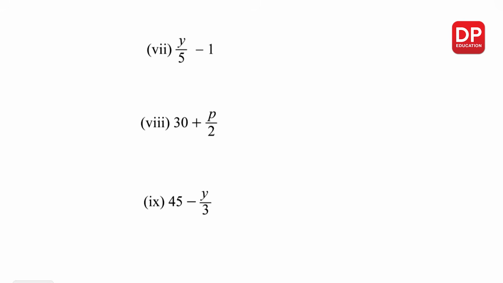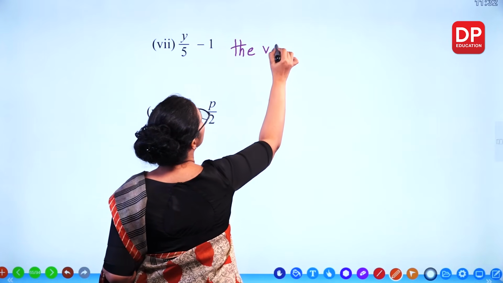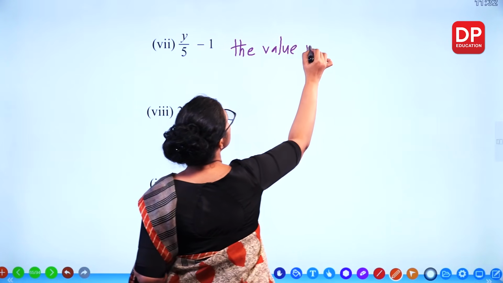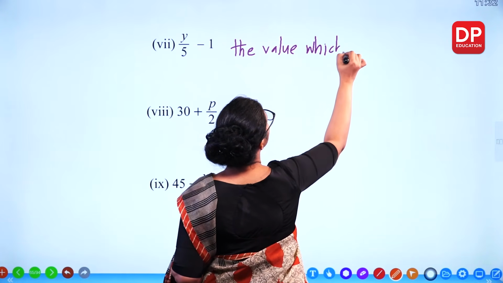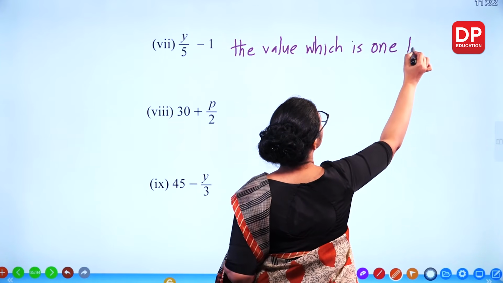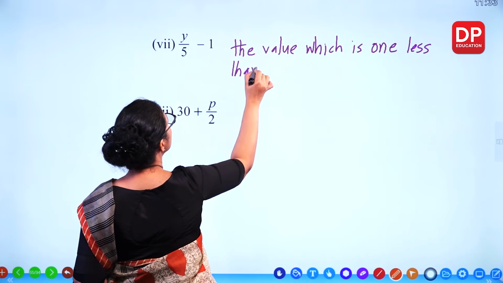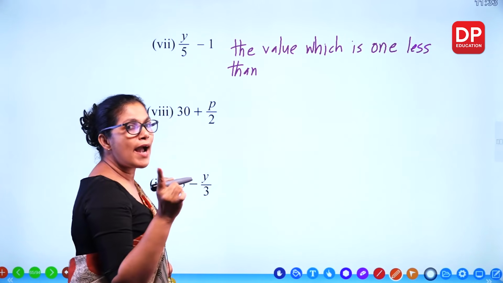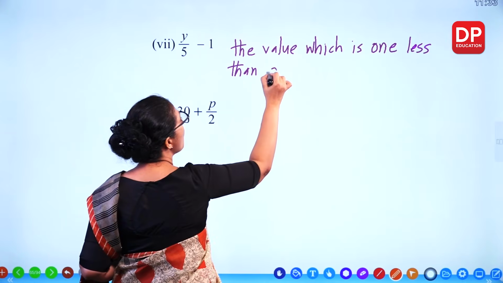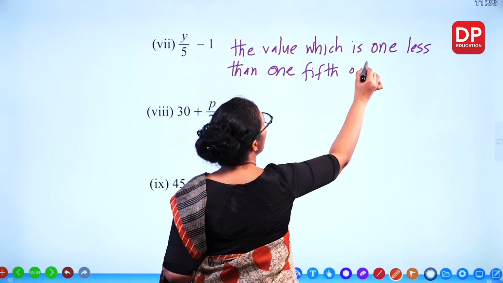This one, 1 less. The value which is 1 less than 1/5 of y, y over 5. 1/5 of y.